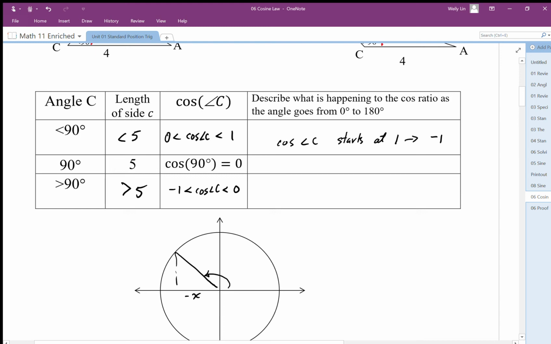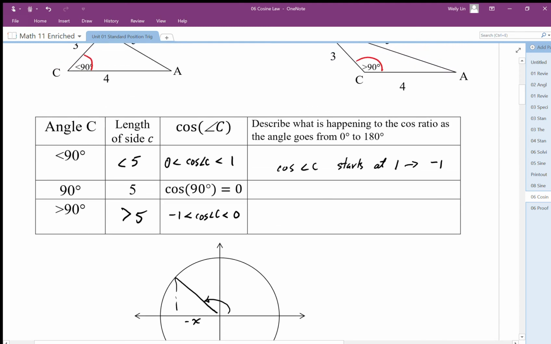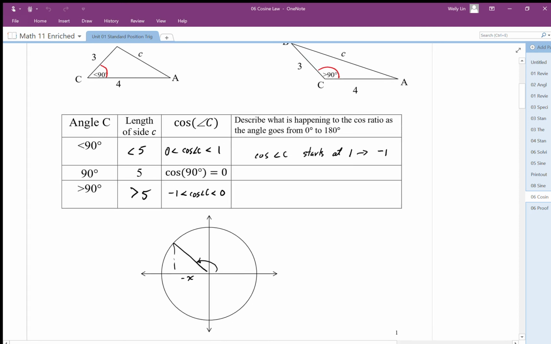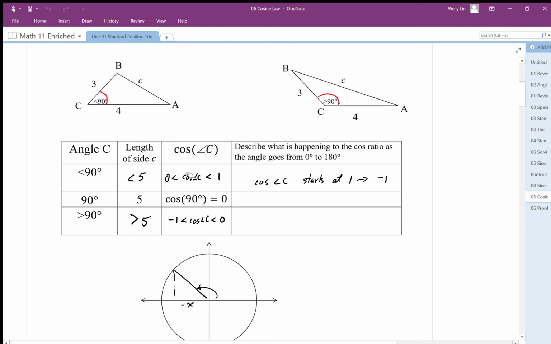How can we relate the cosine of that angle to the length? It is positive when we want C less than 5, and negative when we want the length greater than 5. If we want to increase the length with a negative cosine, we're going to have to subtract some cosine amount. If I subtract a positive, I'm going to shorten C. If I subtract a negative, I'm going to lengthen C.